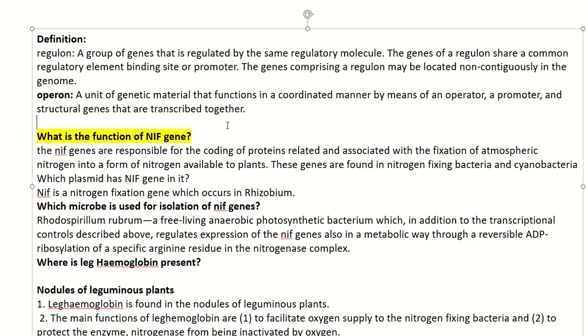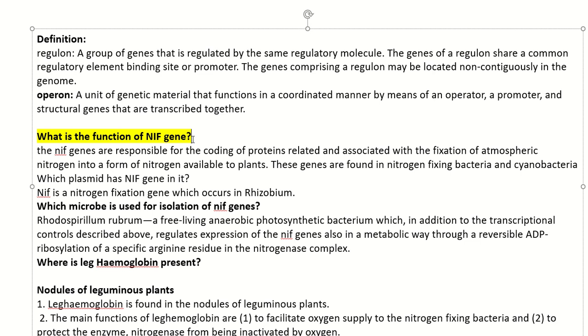All three work together. Which ones? Operator, promoter, and structural genes. Okay. That is called an operon. Generally we tell one gene, one hypothesis. No. Okay. In it everyone works together. So what are the functions of Nif genes? Now tell.